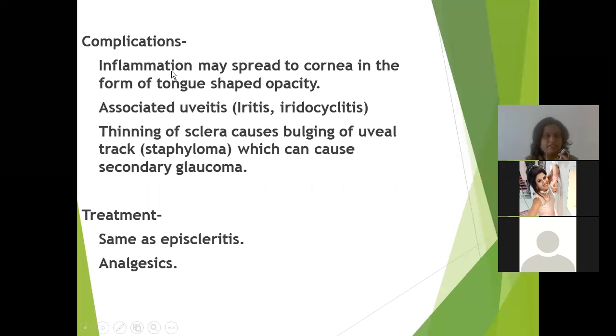Complication: the inflammation may spread to the cornea in the form of a tongue shaped opacity, associated with uveitis, that is iritis and iridocyclitis.